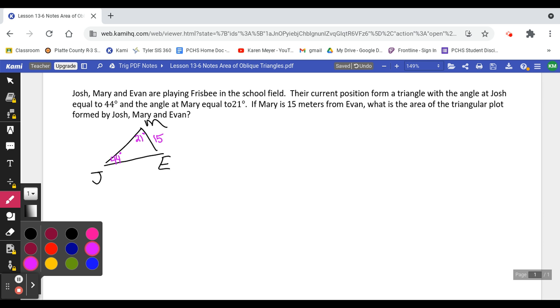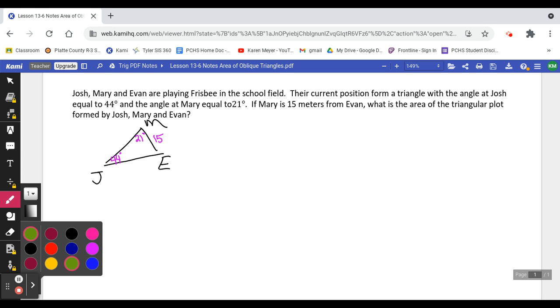Remember, to find the area of a triangle, you have to know two sides and an angle. So I have to work on finding a side. To find a side, I'm going to go to law of sines. I cannot do law of cosines because to do law of cosines, you have to know two sides to find the third one. But if you only know one side, then that means law of sines.